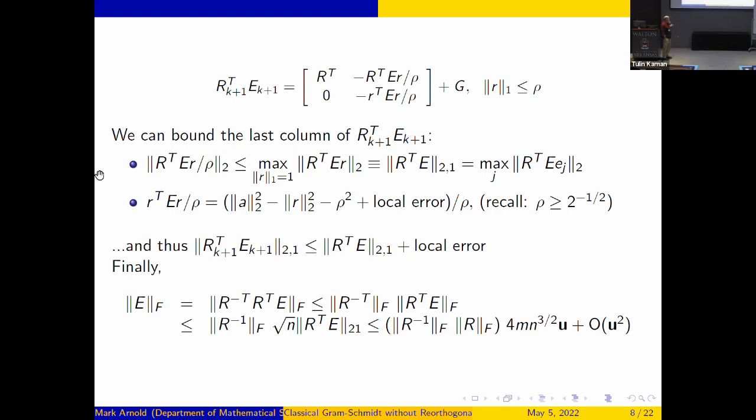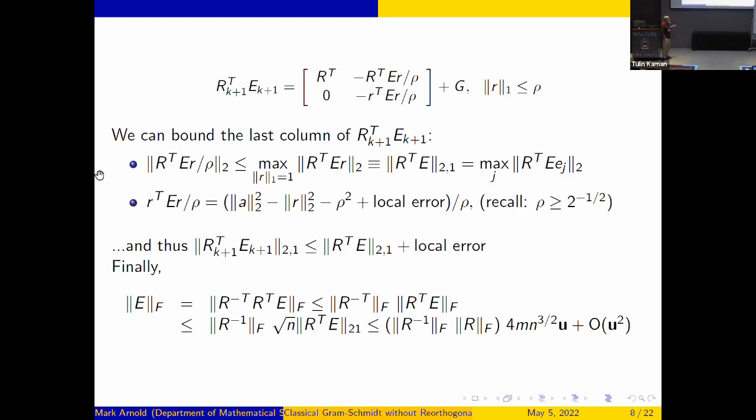And so here's a real simple way to see that. If we just look at the Frobenius norms, then I can insert an R and an R inverse here. And then the Frobenius norm is submultiplicative, so I can pull out that. Here's the R transpose E that we spent so much time trying to bound.